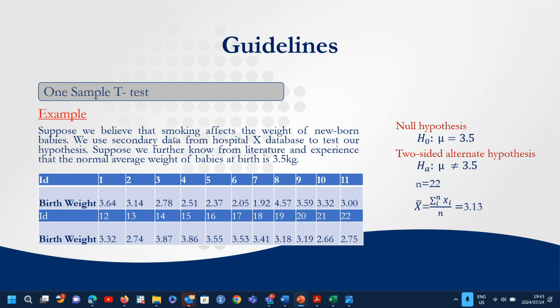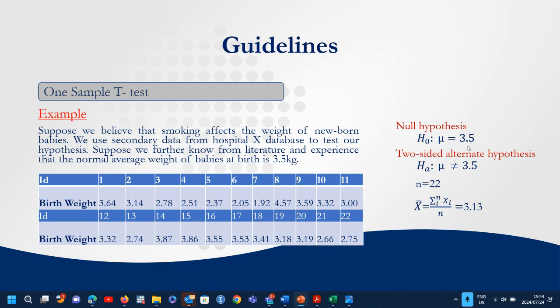You want to see if the birth weight of babies born to mothers who smoke differs. I said that the null hypothesis we usually state in terms of population parameters, because when you do a study, you are interested in population parameters. So we're saying the population parameter is 3.5.